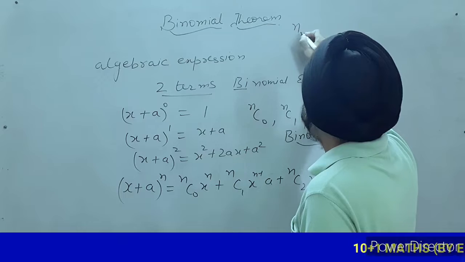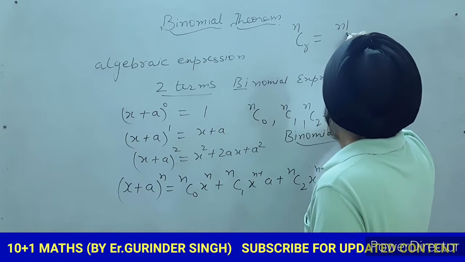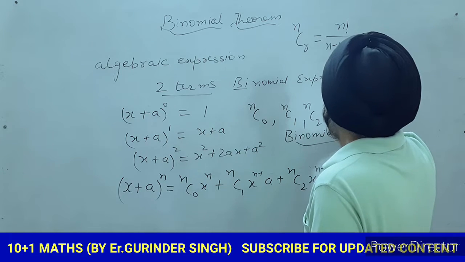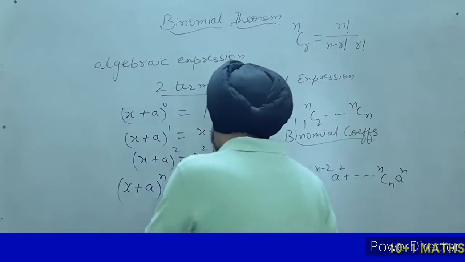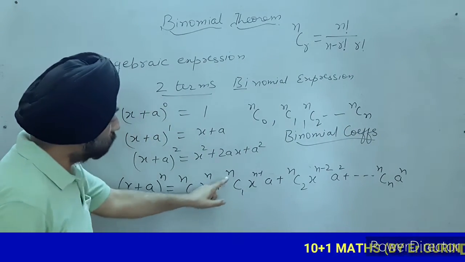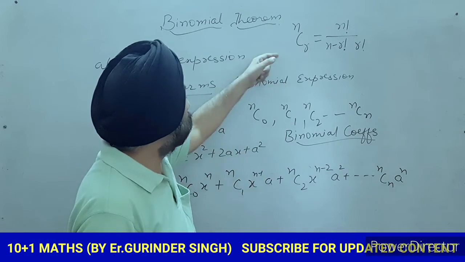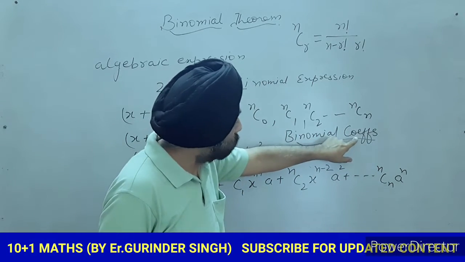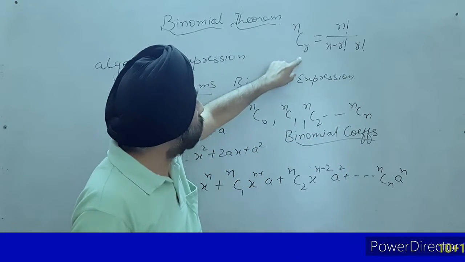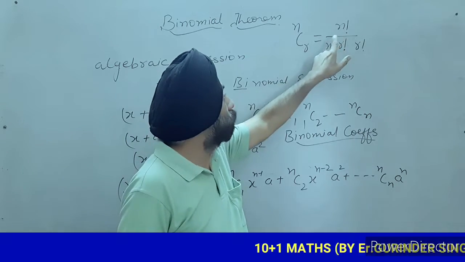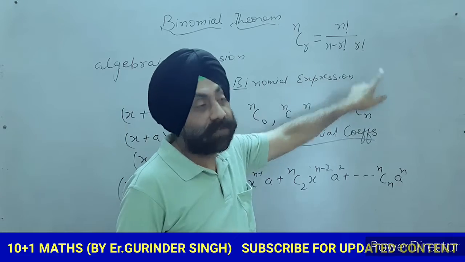The formula is this: NCR equals n factorial upon n minus r factorial into r factorial. They can be calculated by using this formula.